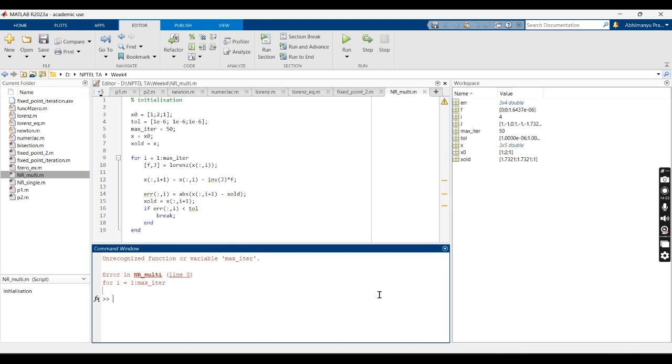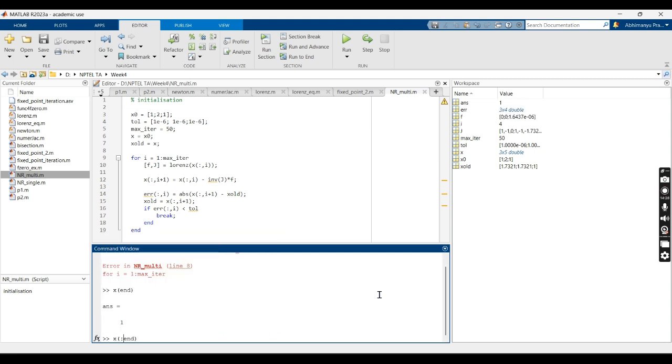Yeah. So we can see that our x, and sorry, yeah, so we are getting root 3 and 1, which is one of the solutions, right?